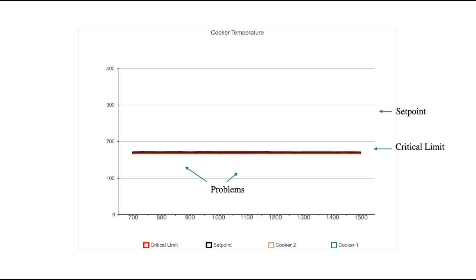The same process choices exist here as in the previous example. Number 1, turn the set point higher and cook the product hotter, or number 2, reduce the process variability. I think by now the correct answer in process control is pretty obvious.